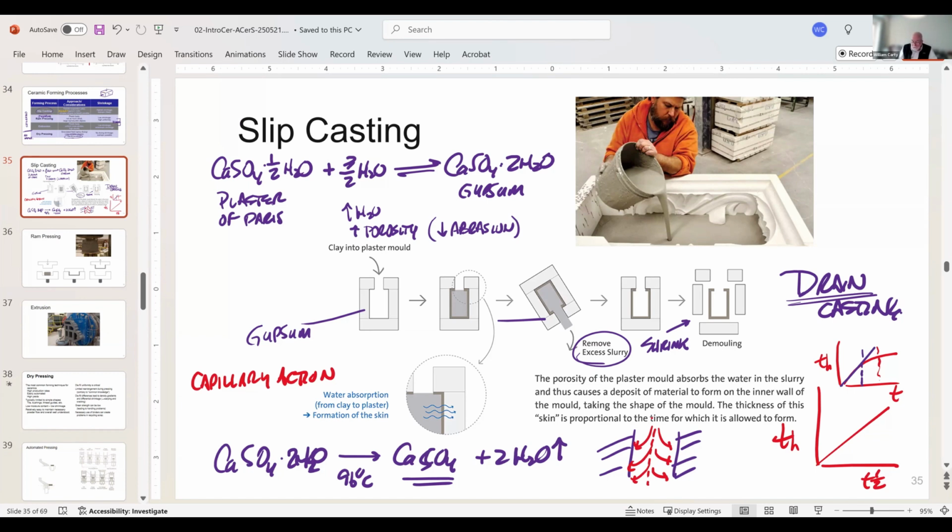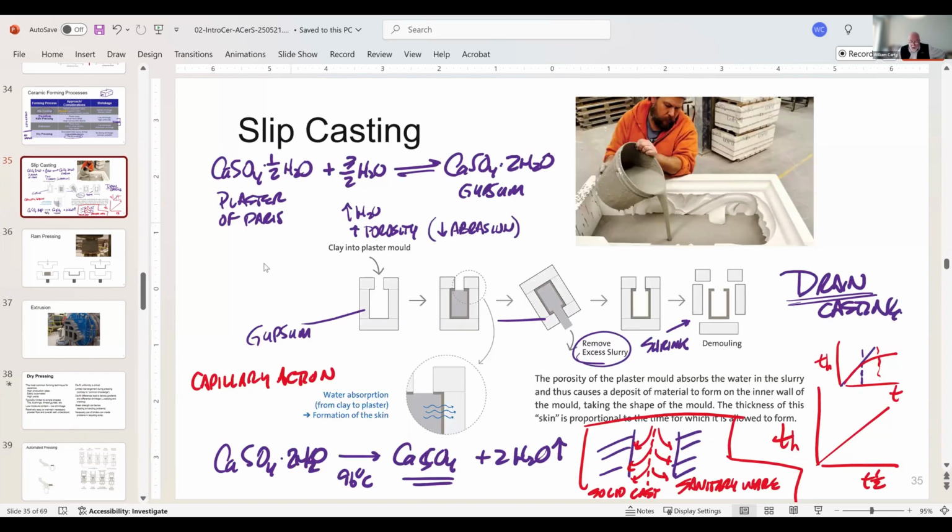So this is sanitary ware, and it's called solid casting. Need a bigger piece of paper. But that's a high elevation view of slip casting.